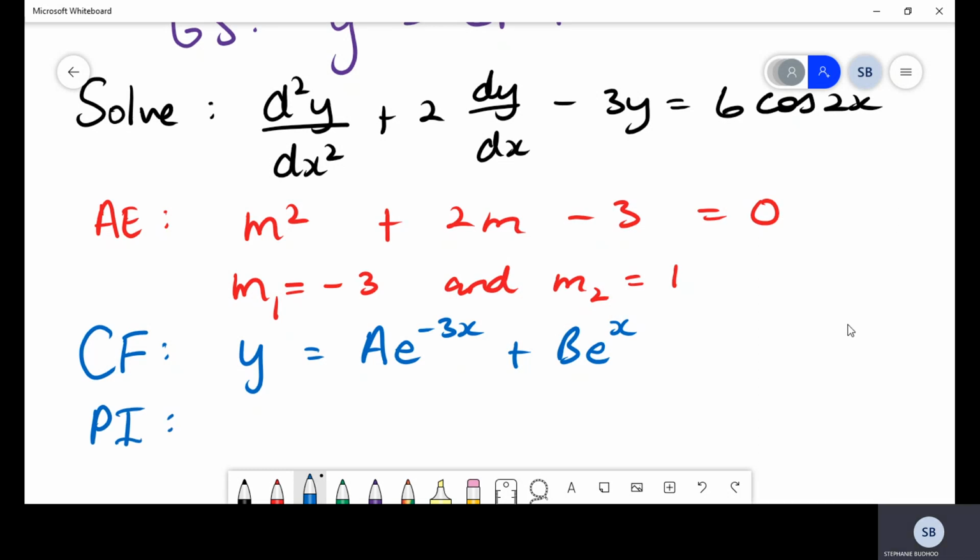Our particular integral is closely associated with our function on the right-hand side, and if we identify that our function is some form of a trigonometric function, then our particular integral takes a certain format.